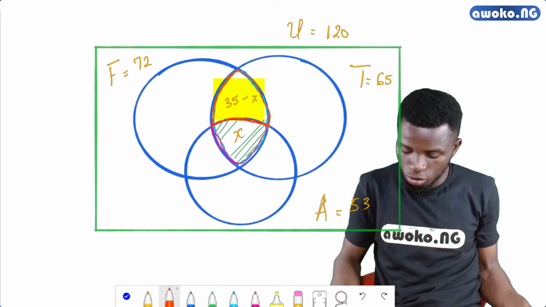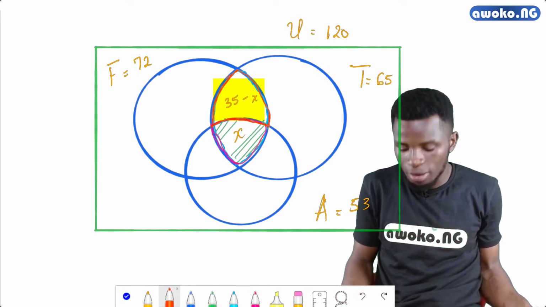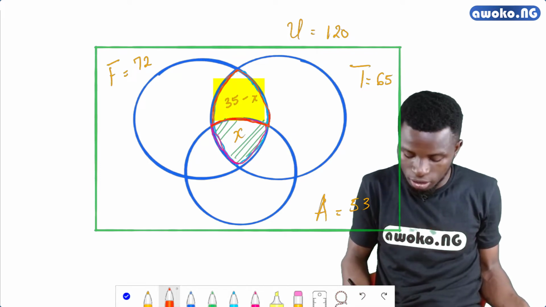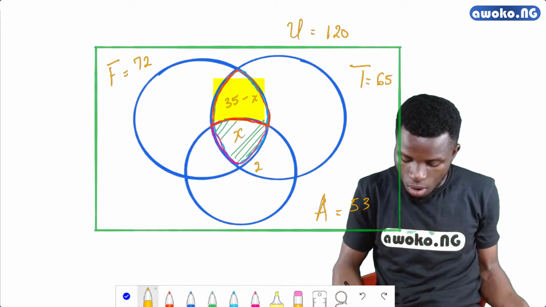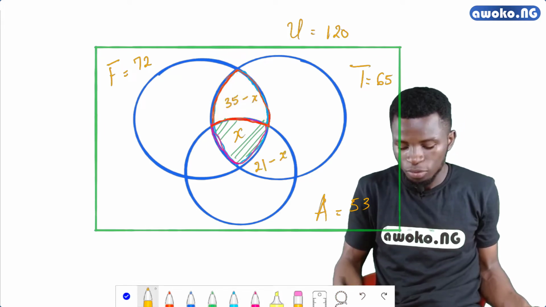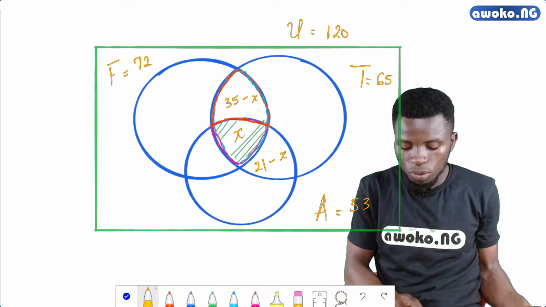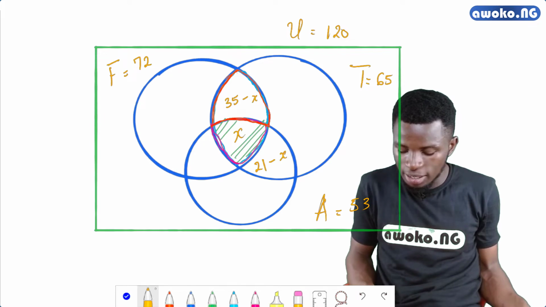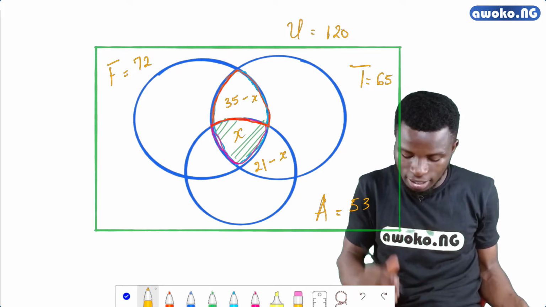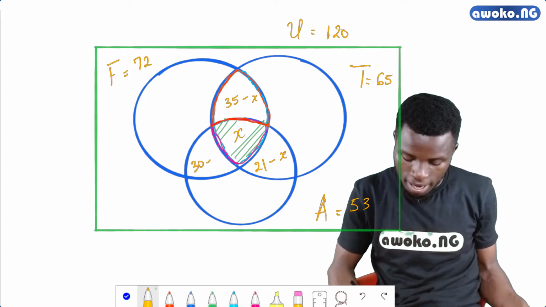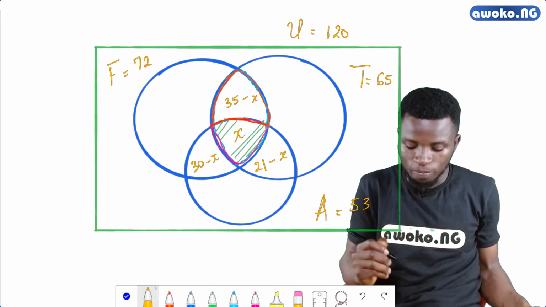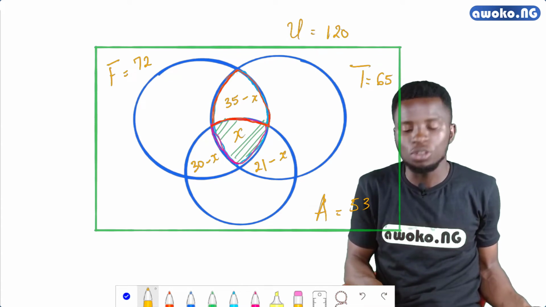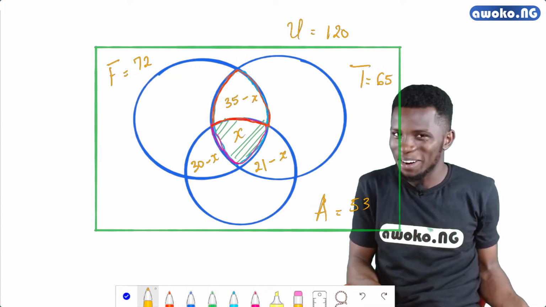The same thing will be done for Trust and Access Bank. We said Trust and Access Bank has 21 customers, so this will give us 21 minus X, for the same reason as in First and Trust Bank. For First and Access Bank, this will be 30 minus X. With these, we've succeeded in representing this information using the Venn diagram.